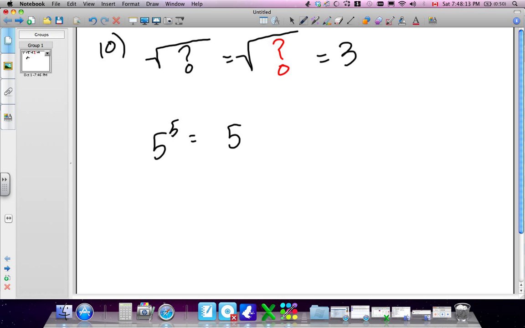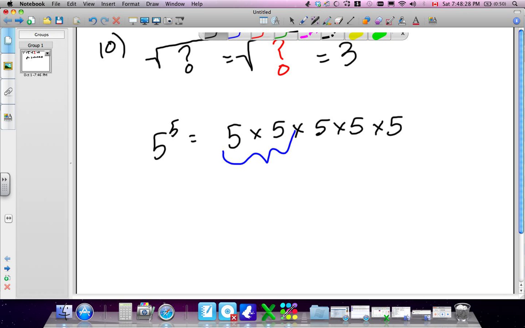And then I bring down the other ones. Times 5, times 5, times 5. Then the next thing I'm going to do is 25 times 5. Okay? I'll do that on a calculator. 25 times 5 equals 625.